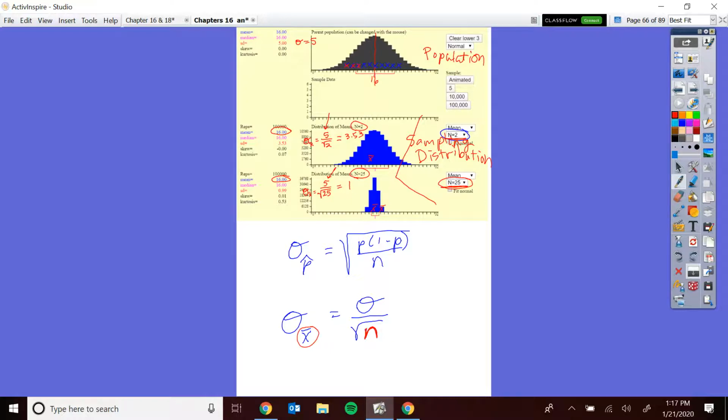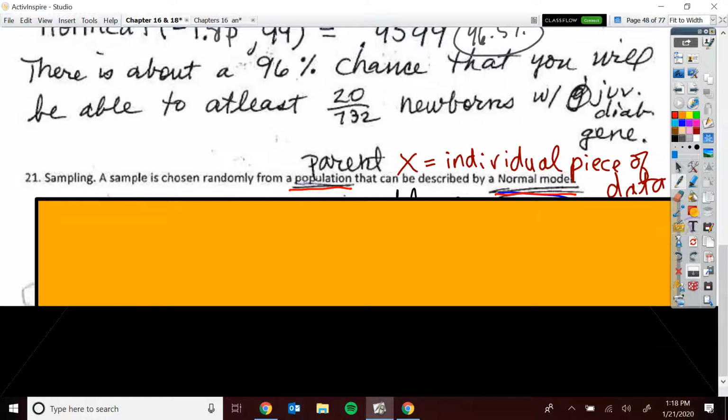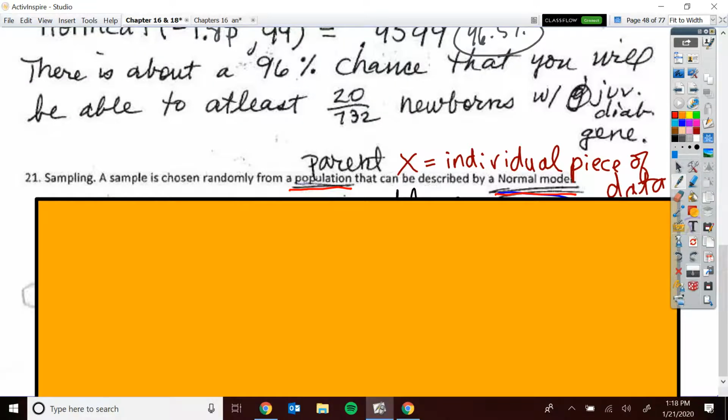Therefore, talk to me about any sampling distribution that comes out of it. For small samples, what shape will it be? Normal. For large samples, what will the shape be? Yes, okay. And they're all going to be centered at the same center and so on and so forth. So that's what plays into this problem here.